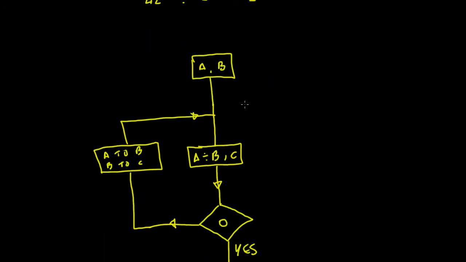Now we can draw it out in this format here. So we could take our two numbers A and B. We can go through this process where we take A divided by B and we get our answer C. We then ask the question, is this value C 0?